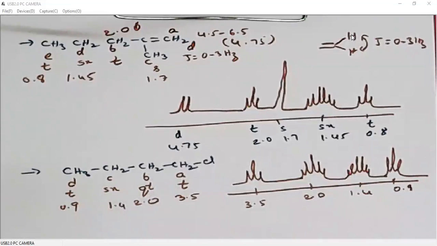Generally, please take the notes. NMR is used as a primary source of structural identification in organic chemistry. Whenever we synthesize a new organic compound, first we will get the proton NMR, then we will try to predict the structure from that.